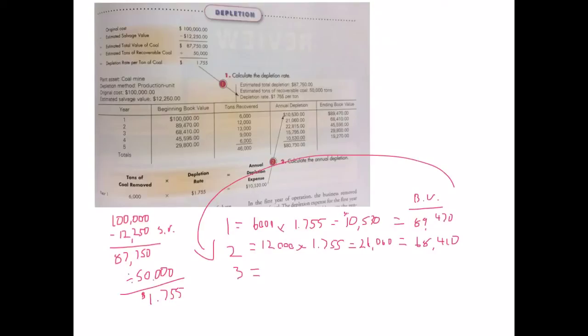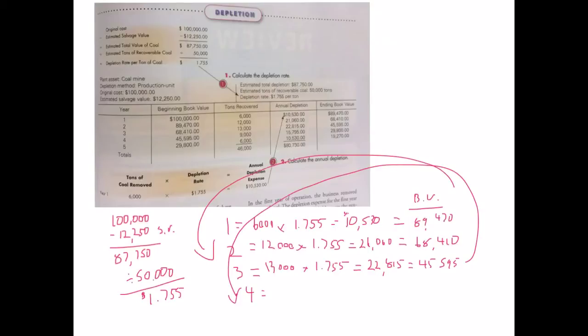Year 3, we used up 13,000 times 1.755. Depletion 22,815. Ending book value 45,595 for year 3. So year 3 ending book value becomes year 4 beginning, so on and so forth. Okay? So for depletion, we base it on the amount that we use up.